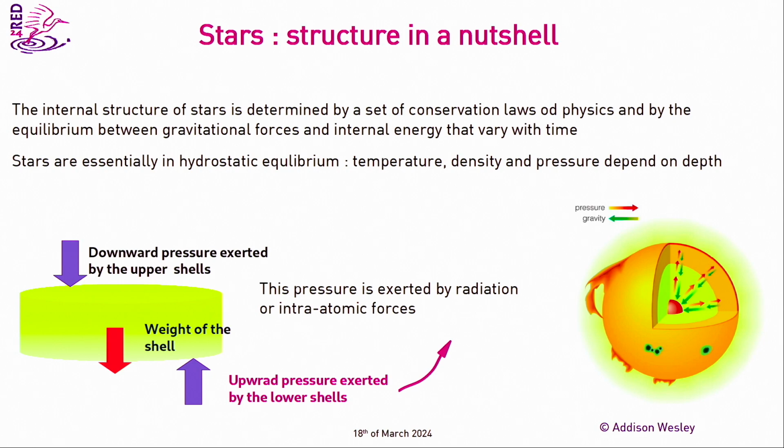And in these stars, it's not nuclear energy that provides the energy that lifts up the shells against gravitational collapse, but the intra-atomic forces, what we call electron degeneracy, when the matter is very compact, due to quantum mechanics.